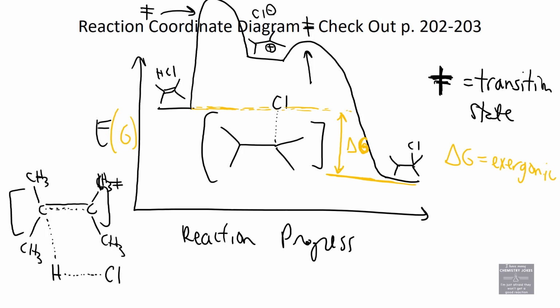Exergonic just means negative delta G. So that means products should be at a lower shelf than reactants. Reactants to products, exergonic. Reactants to products that way, positive delta G, endergonic. I don't have room.